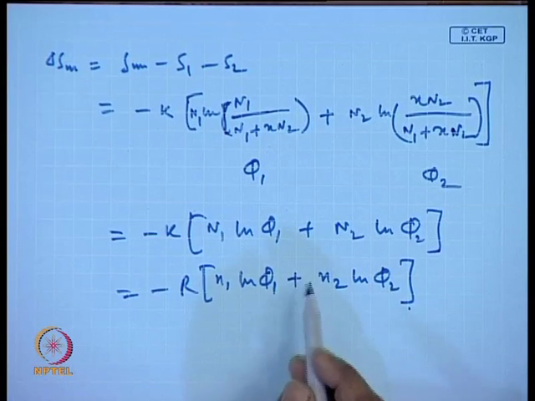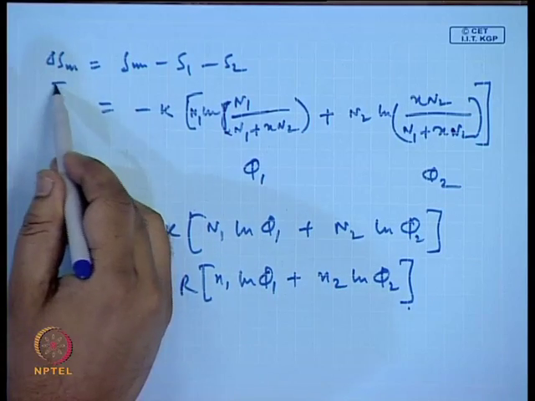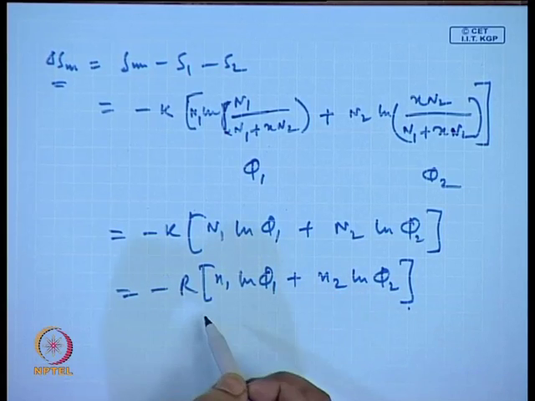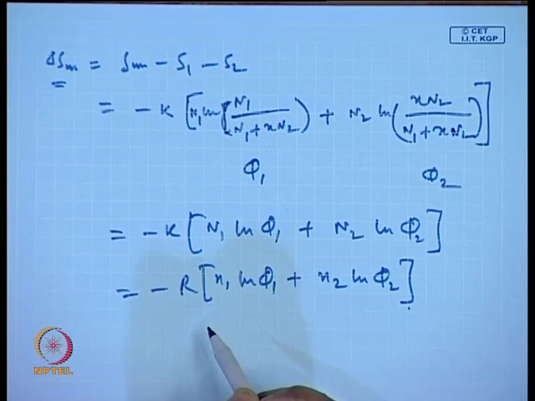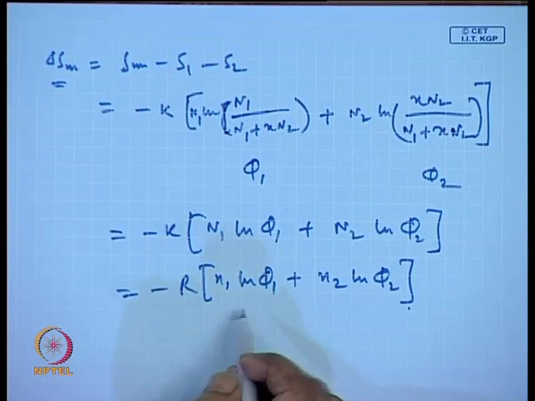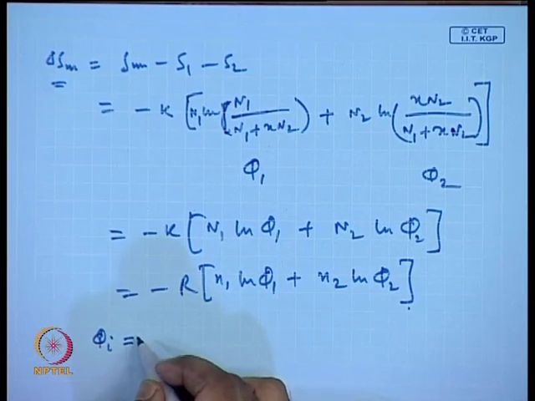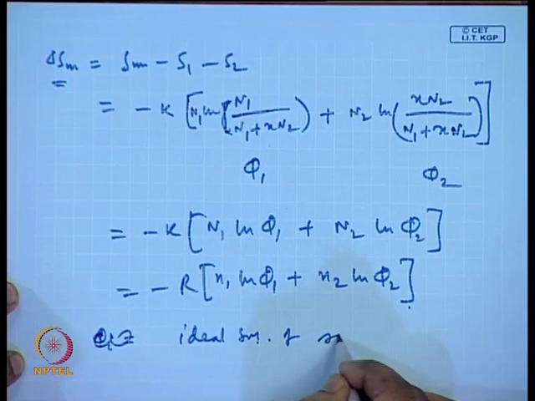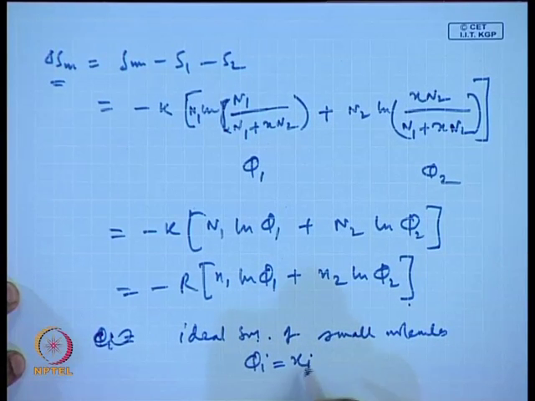So, after all this exercise, we got the entropy of mixing for polymers in a solution, given by this expression. This expression is the same as for the ideal solution of small molecules, because in the case of an ideal solution, phi i, the volume fraction, was equal to the mole fraction.